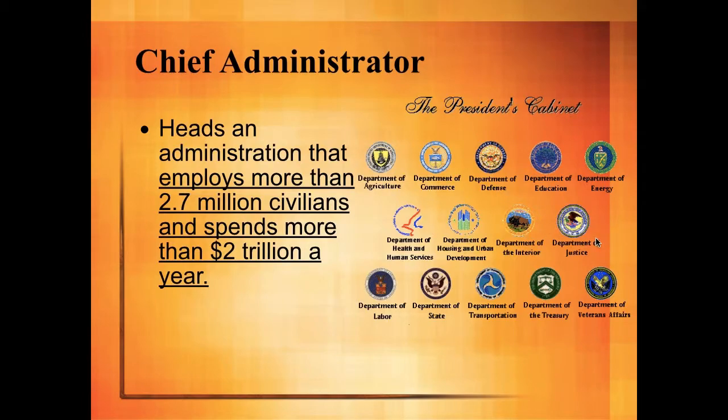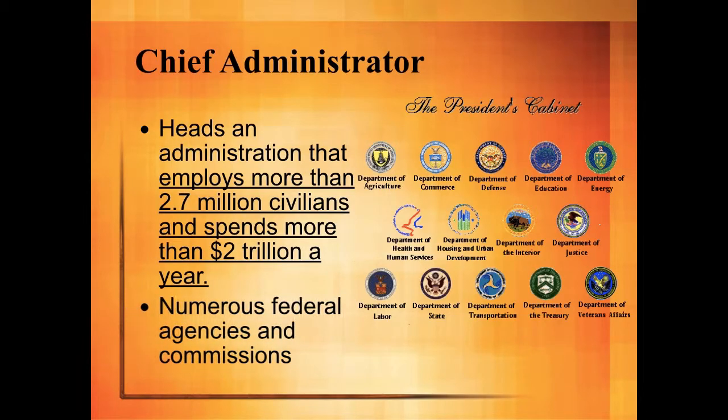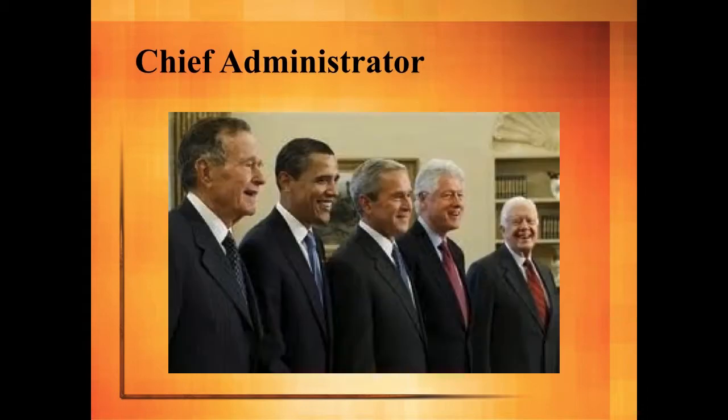These are the 14, although there's actually 15 with the Department of Homeland Security, departments that are major for the government. Although we'll see there are lots of other departments not on this list. Additionally, there are numerous federal agencies and commissions, like NASA, which isn't on this list, and several other groups that we might get a chance to dive into in class.